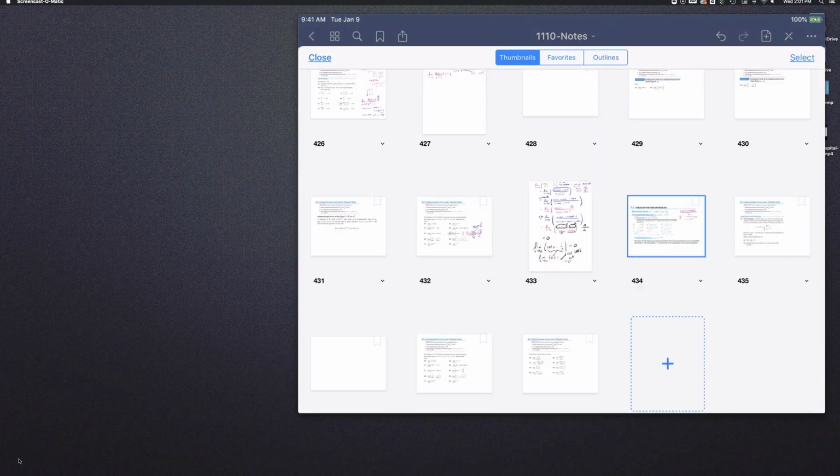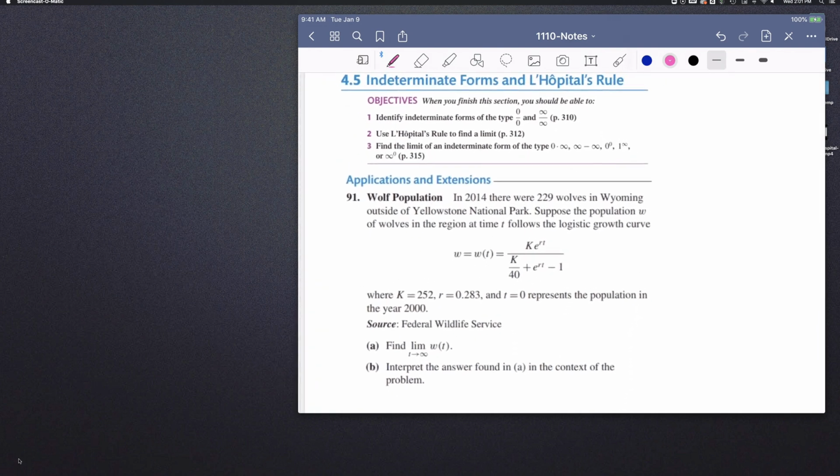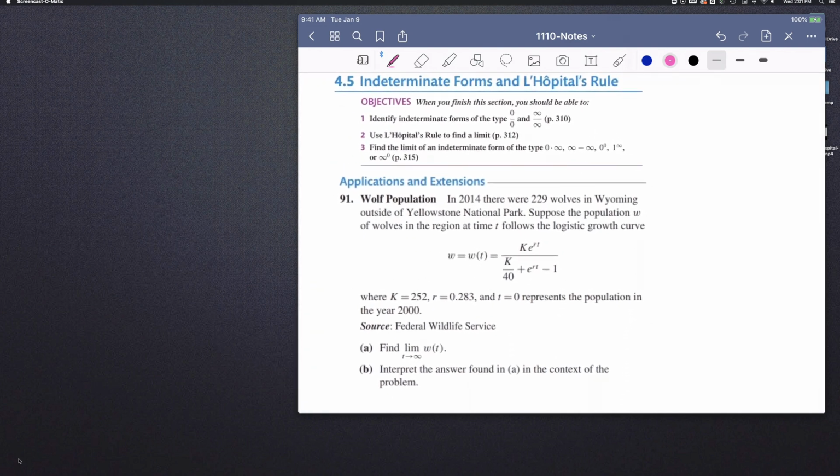Here is an application of a problem that appears in the L'Hopital's rule section. We're looking at W for wolf population at any time t. There are some constants in them, and we can see that the constant k is given by 252 in this problem.